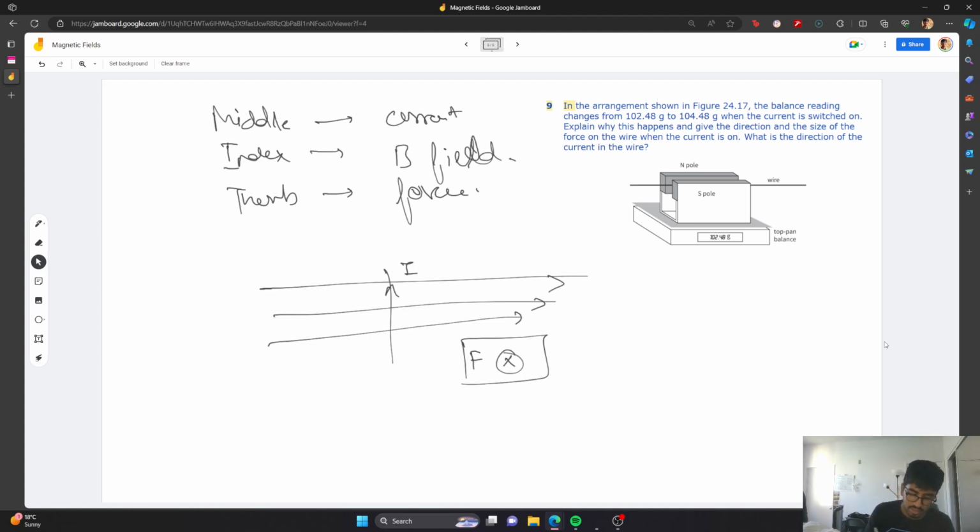So let's see what is happening here. It's saying that there's an arrangement shown in this figure. The balance reading changes from this to this when the current is switched on. So what is happening here is there is a north pole on this side, and a south pole on the other side. And the magnetic field lines will go from the north to the south. And then there is a current carrying conductor that goes through it, I. They have not given the direction here.